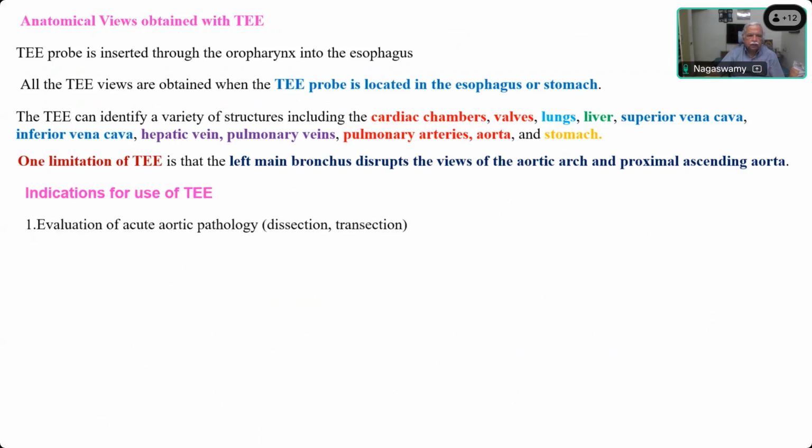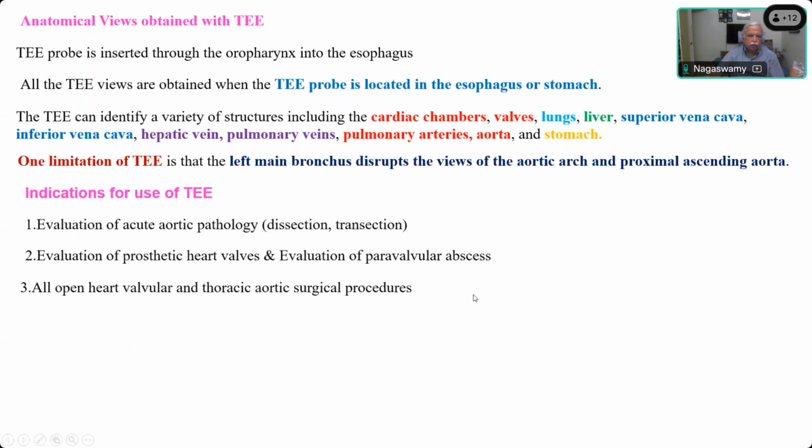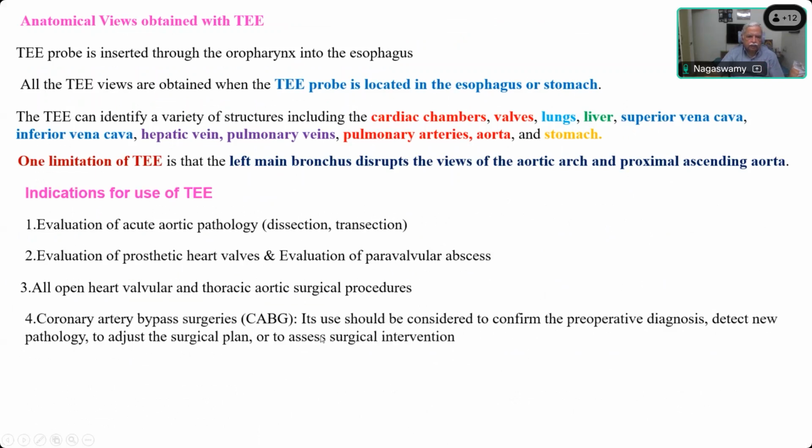Now, indications for the use of TEE can be evaluation of acute aortic pathology, evaluation of prosthetic heart valve or paravalvular abscesses, all open heart valvular or thoracic aortic surgical procedures, and CABG. Earlier, when it was introduced, it was mainly used for CABG to see after the coronary anastomosis. Sometimes the wall motion abnormality gets immediately corrected, especially in the acute setting when they do a CABG in acute coronary syndrome.